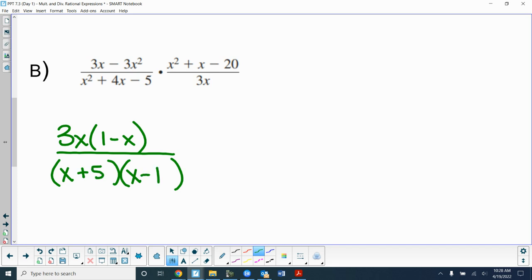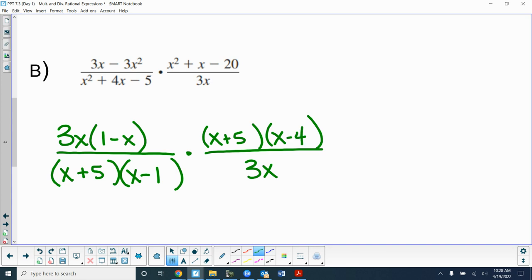Positive 5 and a negative 1, right? 3x, we can't factor that. What are the factors of negative 20 that add up to 1? Those, right? 5 times negative 4 is negative 20, plus 5 and negative 4 is 1.